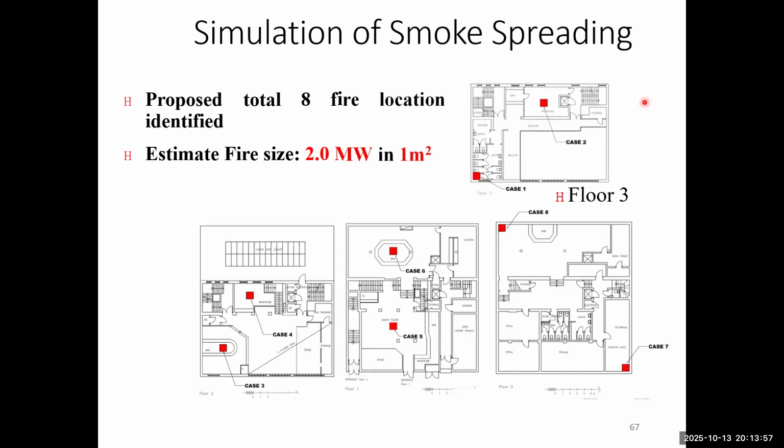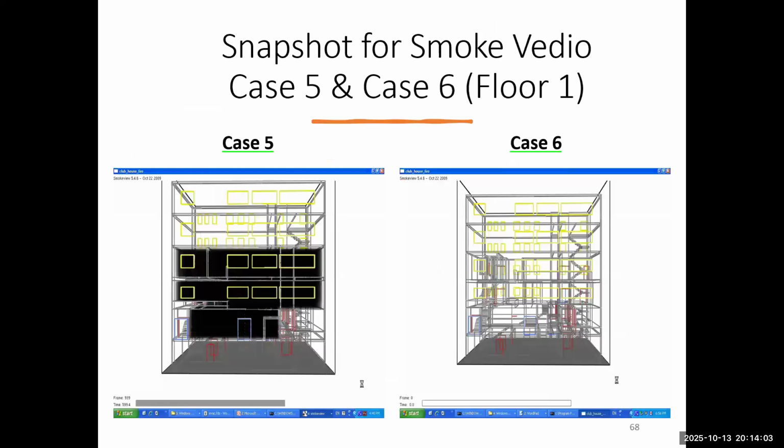Okay, so by using our fire dynamic simulation, we can get the snapshot of the smoke video of case 5 and case 6 on floor 1. And as you can see here, for case 5 and case 6, we get the movement of the smoke.